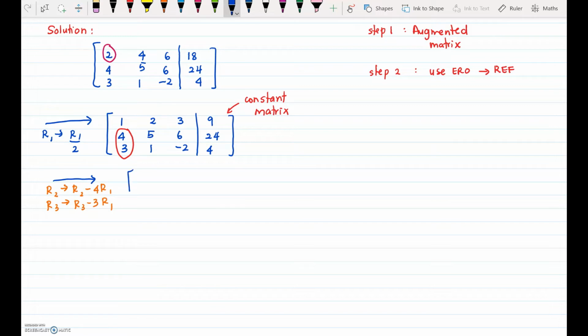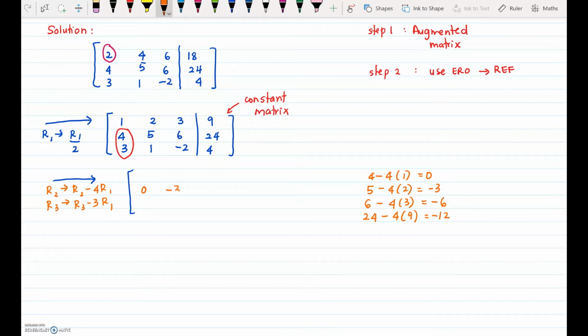Okay, so now your matrix will be, 4 minus 4 times 1 is 0, and then 5 minus 4 times 2, so 5 minus 8, you will get negative 3, and 6 minus 4 times 3 you will get negative 6, and 24 minus 4 times 9 you will get negative 12.